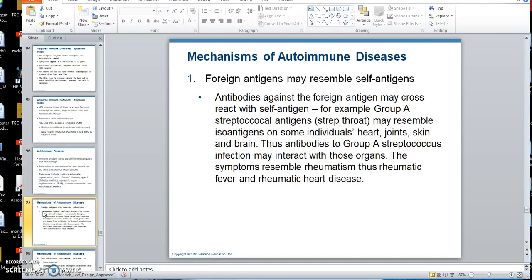What do we think went wrong in autoimmune? Well, remember, you develop tolerance early in your life. That was part of the education process. So what could possibly go wrong to then cause autoimmune? Well, one thing that can happen is you develop tolerance to certain things, okay?